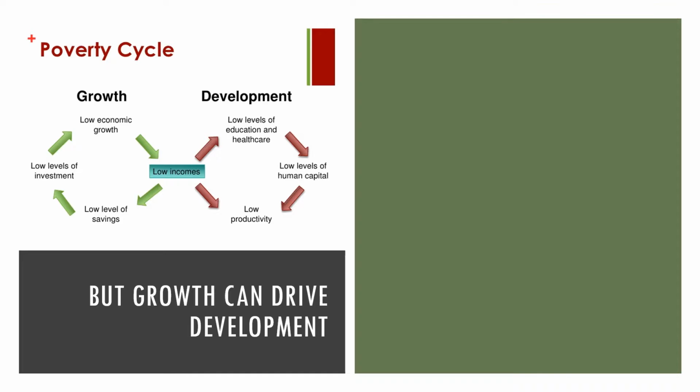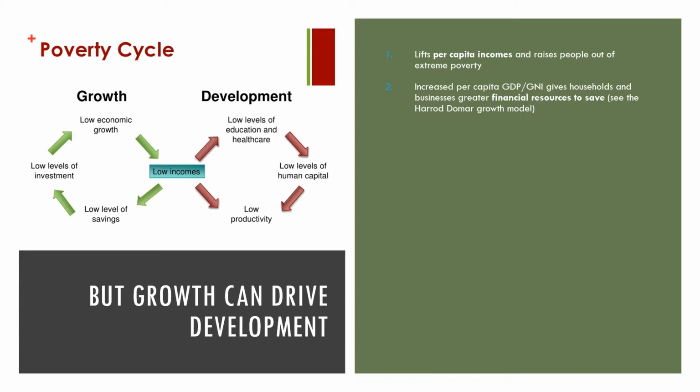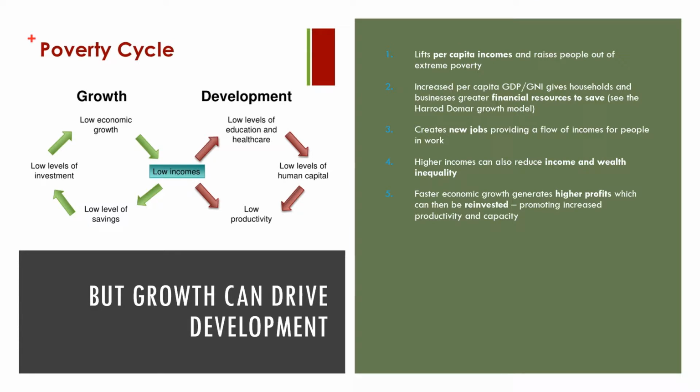Now there's obviously a close link between economic growth and development. Lifting per capita incomes can raise people out of extreme poverty. It can give households and businesses greater financial resources to save. It can create new jobs, providing a flow of income for people in work. Economic growth can also reduce income and wealth inequality if the lowest earners in society are benefiting from the growth.